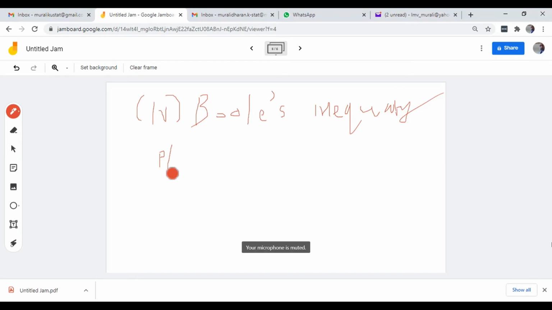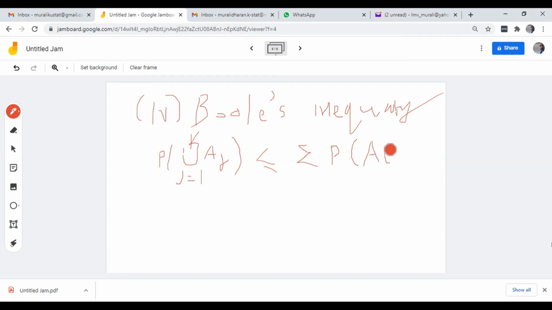Then the probability of the union of all events Aj, j running from 1 to k, that is probability of A1 union A2 union etc. union Ak, is less than or equal to the sum of P of Ai, i running from 1 to k.